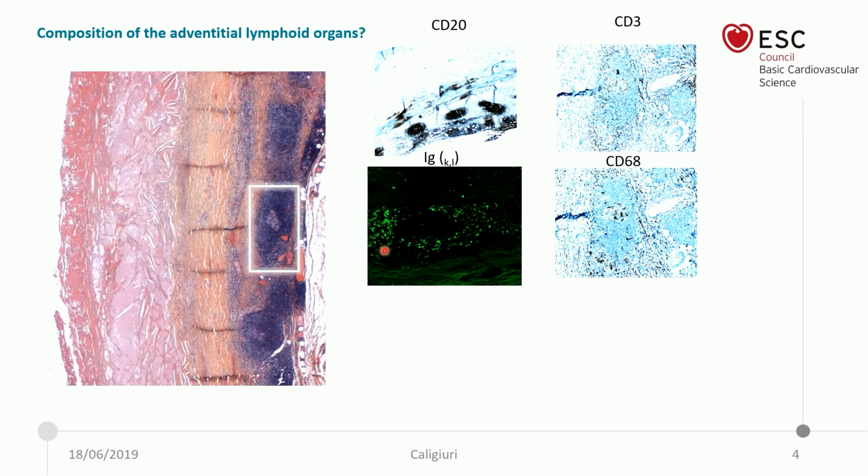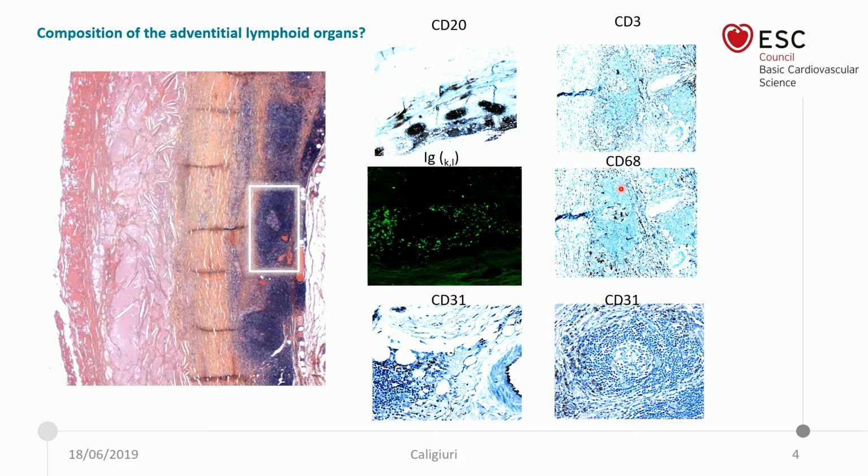Many of these B cells do produce immunoglobulins, meaning that these immune organs are functional. They do make immunoglobulins on site. And there are also some phagocytic cells, macrophages, dendritic cells, and other phagocytic cells which express CD68, which is enriched in lysosomes.